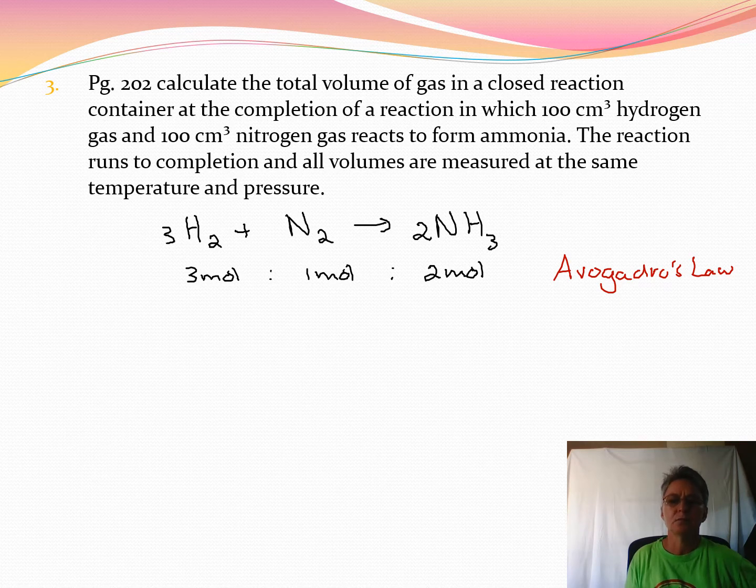So the volume ratio would be exactly the same as the mole ratio. So if we start off with 100 cubic centimeters of hydrogen and 100 cubic centimeters of nitrogen, the nitrogen will be too much because they react in the ratio 3 to 1.